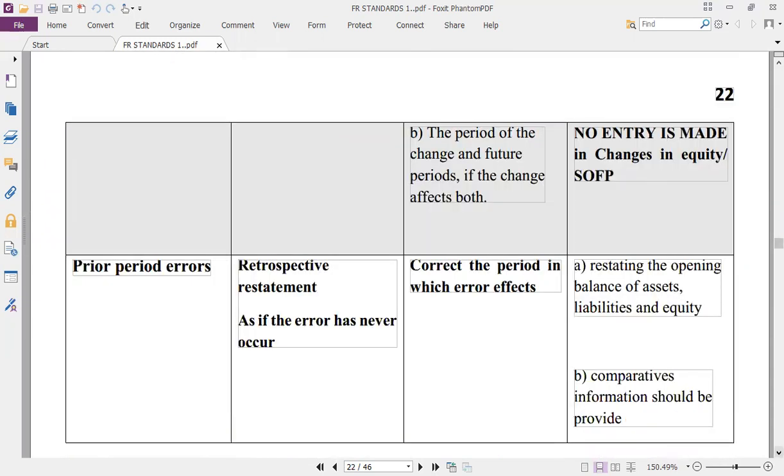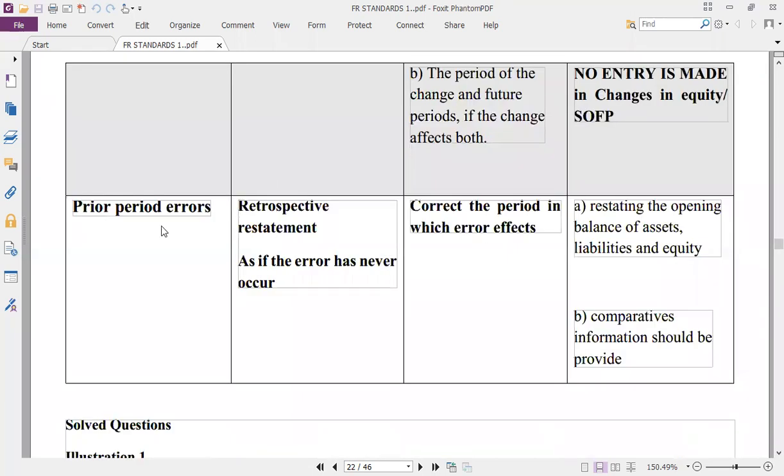Good. And then the prior period errors also follow the same procedure as that of the change in accounting policy. So that is retrospective restatement, as if the error had never occurred. So that is it. Great.